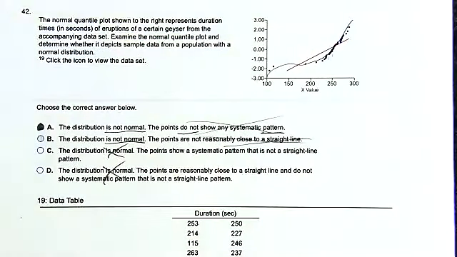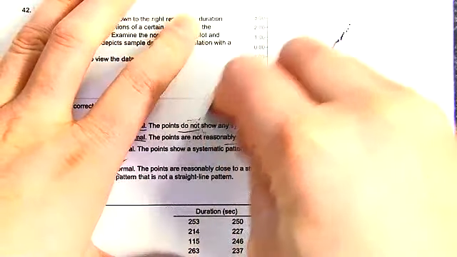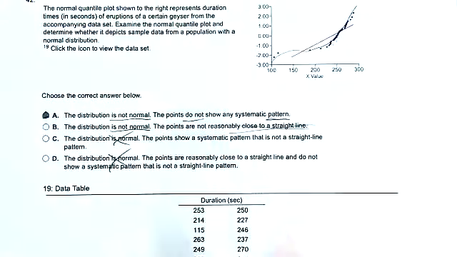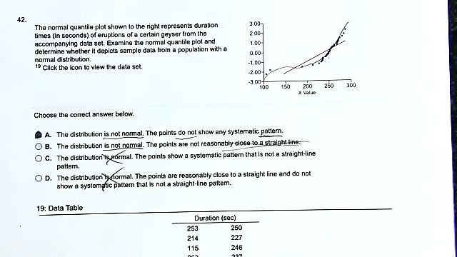You do not want a pattern. And we'll see one where it looks very straight, but there's a pattern in it. And then we say, ooh, that's going to make us stop. Okay, so do not show a pattern. That's good. Okay, so that's it for 42. 43.